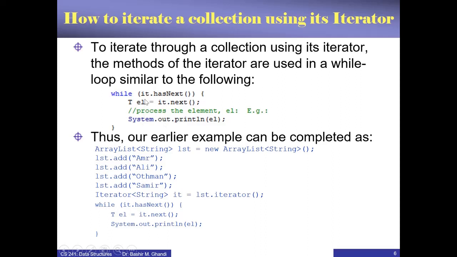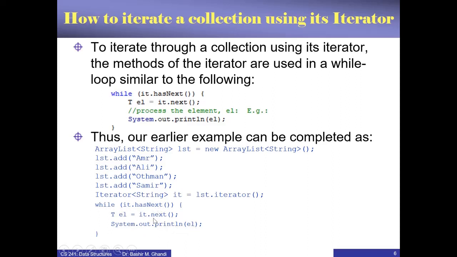Simple. As this loop says, we will say while it.hasNext, element equals it.next. So next initially will give us Amber. So this element initially will be Amber. So for example, we can print Amber, and then go back and check, are there more?